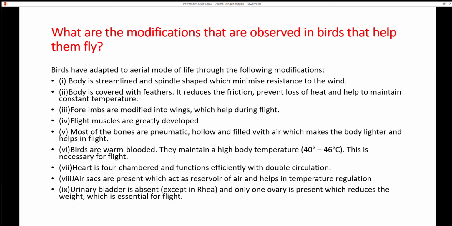First is pulmonary circulation, in which blood goes from the lungs to the heart and is pumped, and that is called pulmonary. The systemic is from the heart to all body parts, which circulates the blood. So air sacs are present.